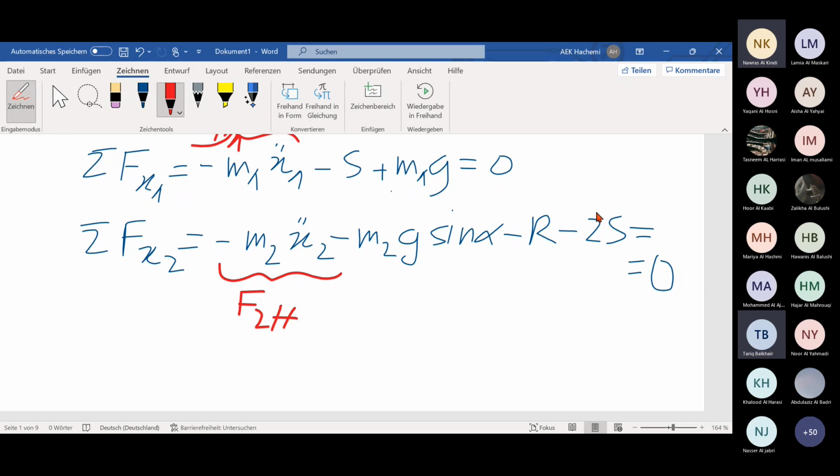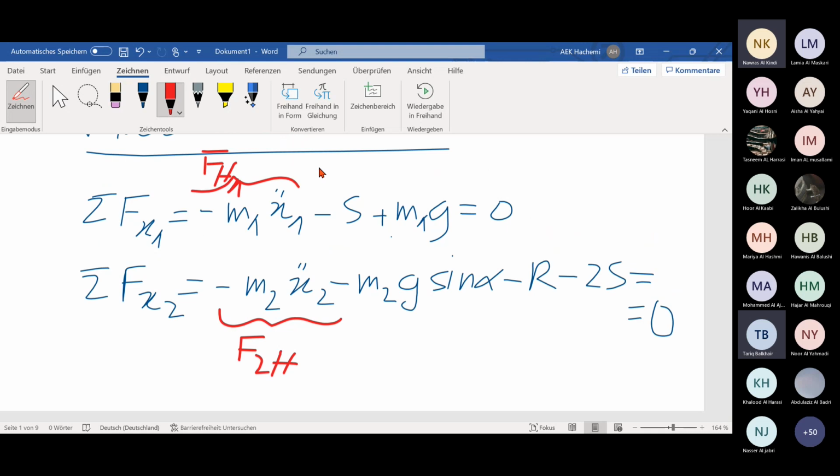Then to determine what we asked for, we only need to make the kinematic relation between the acceleration of the mass 2 and the acceleration of the mass m1. And we use the same step.